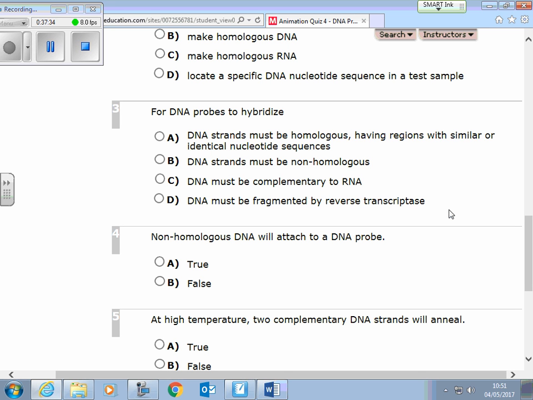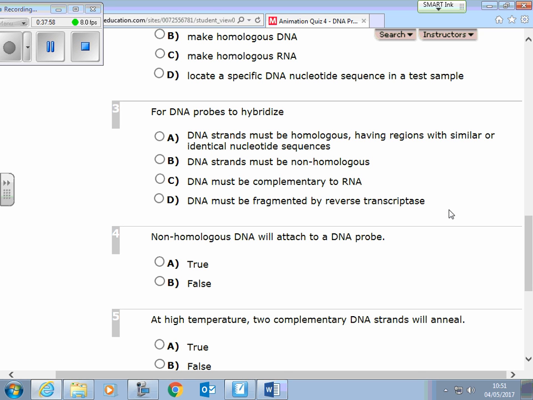Okay, next question. For DNA probes to hybridize. A. DNA strands must be homologous, having regions with similar or identical nucleotide sequences. B. DNA strands must be non-homologous. C. DNA must be complementary to RNA. And D. I don't know if I got those the right way around.